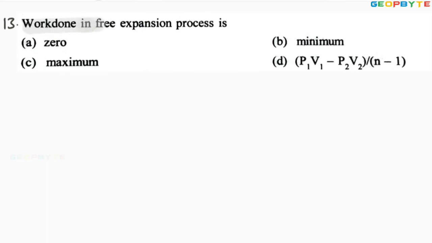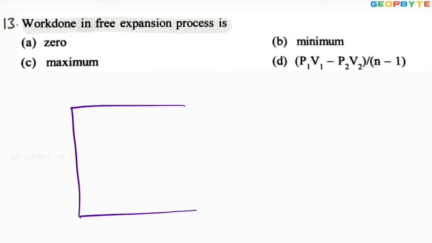Work done in free expansion process. See, free expansion process means it is like this. Let us take a container. Some high pressure gas is there. Let us take another container.